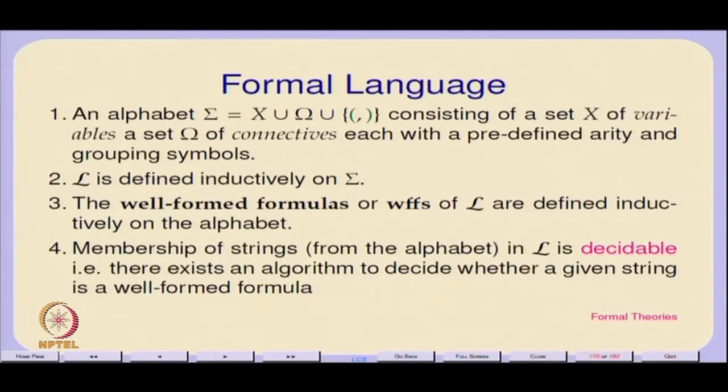So, which means this language has to be inductively defined. I mean, you can't just create an uncountable set of randomly created sentences. If it has to be machine checkable, it has to be inductively defined.